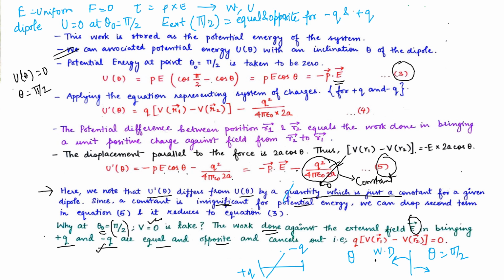Hence it cancels out. So at this point our external field will be 0, hence the potential will be 0, hence the work done equals 0, and the potential energy stored by the system will also be 0 at this point. Hence we are taking theta naught equal to pi by 2 where our potential is 0.